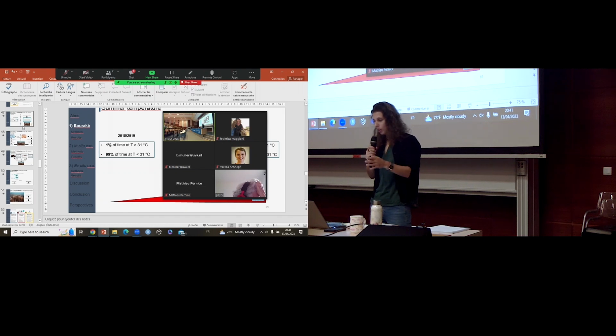Then it will also be really interesting to see the proportion of these two different sources of carbon used by the sponge, and particularly in Boracay, whether this could make a difference compared to an external reef. Okay, so thank you.